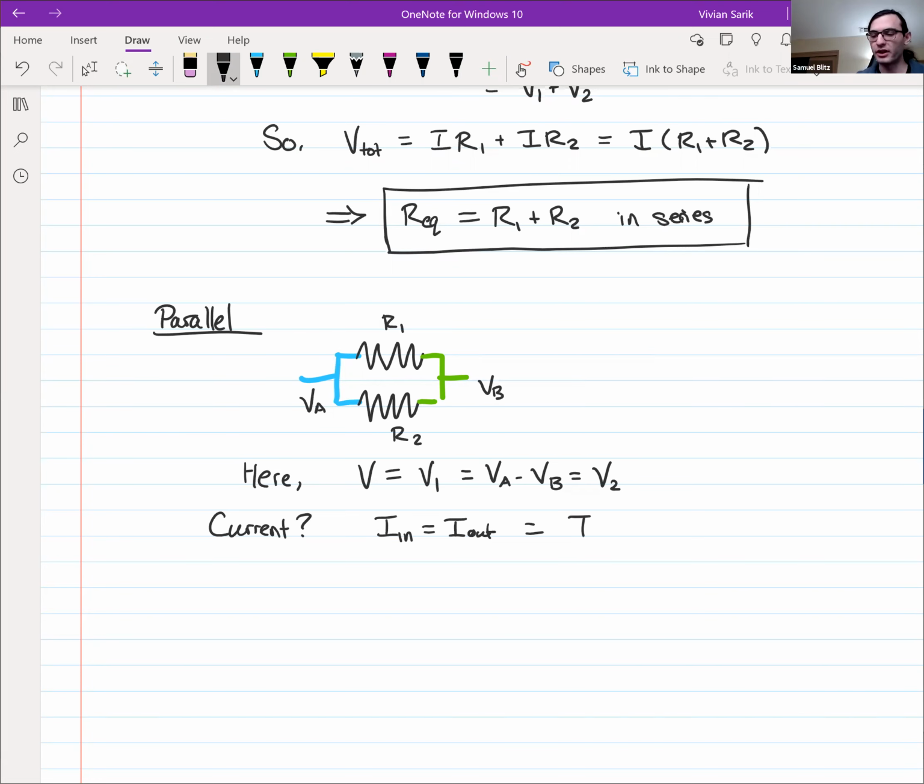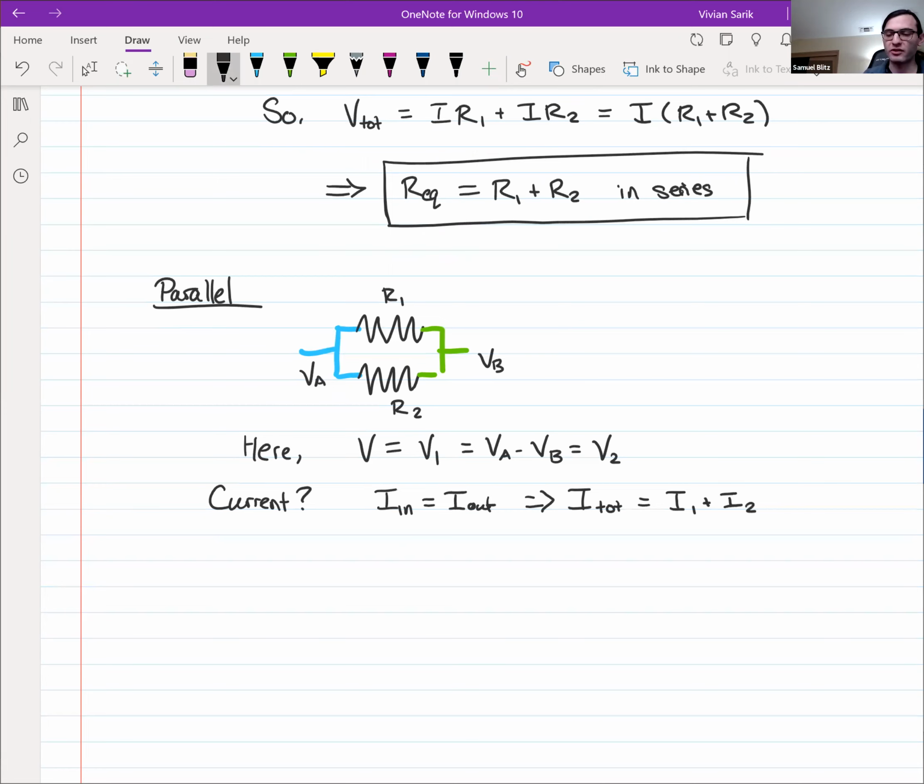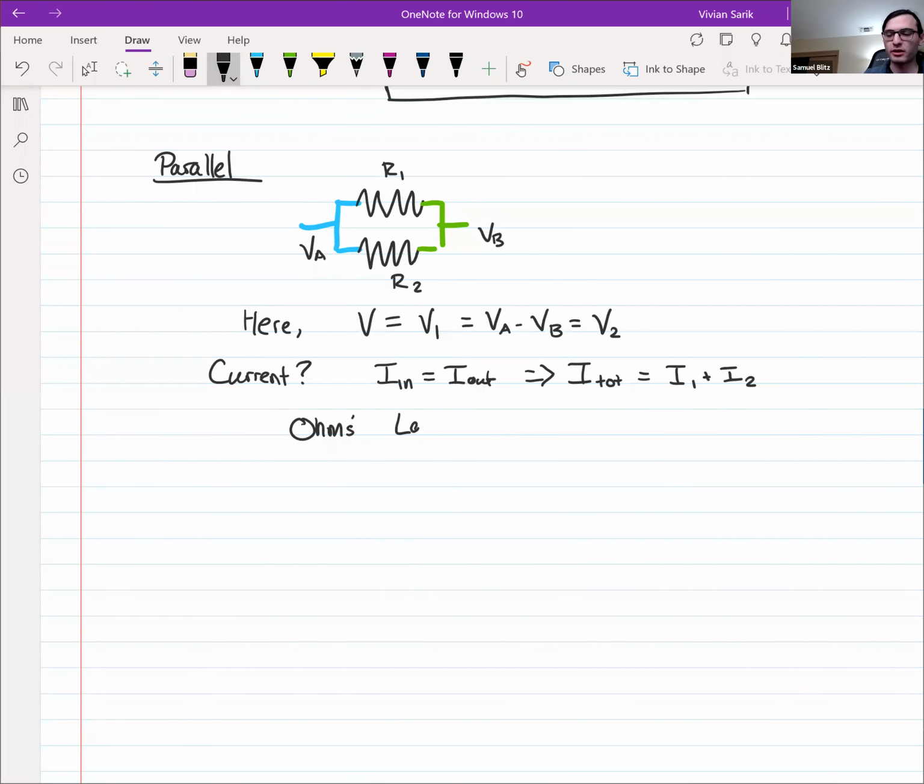And so the total current that passes through the system is just the sum of the currents that pass through each resistor. And so we can use Ohm's law, which tells us that V equals IR, to relate this current to the voltage, right? And so we get this relationship that the total current is equal to I1 plus I2.